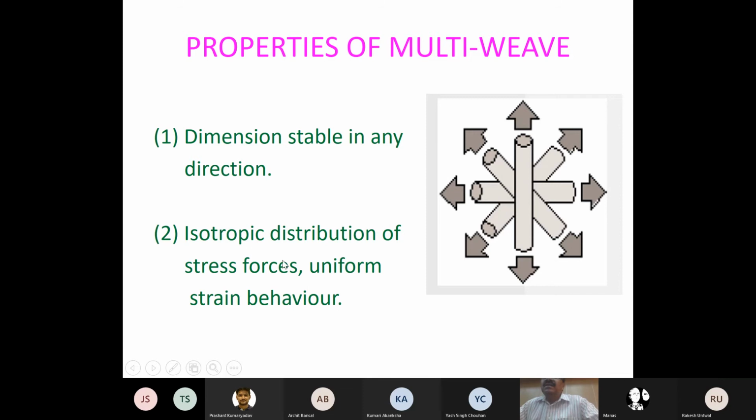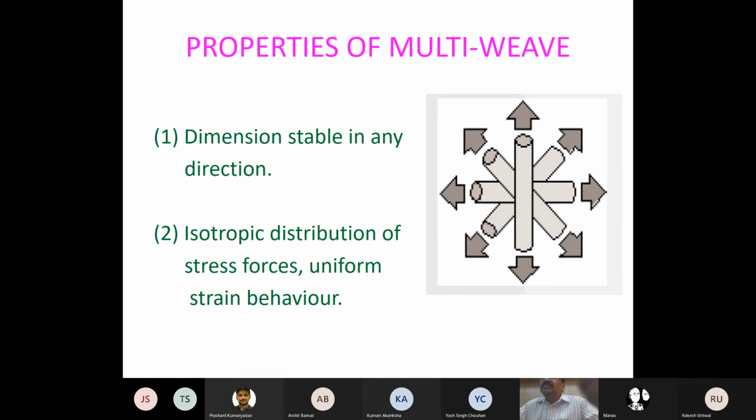So I close it here. Just see the properties of this particular fabric produced: high dimensional stability and isotropic. Both the points I have explained to you. Why high dimensional stability? Unlike conventional weaving where just warp is sitting over the other. In this case, warp and weft, they are entangled at the crossover points.